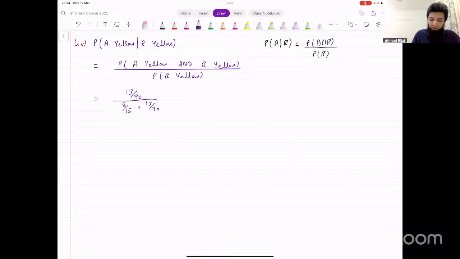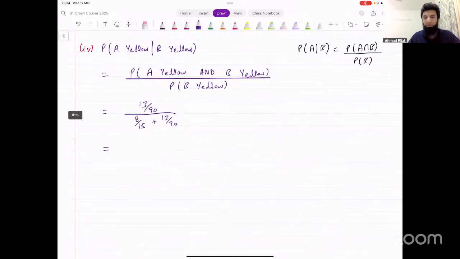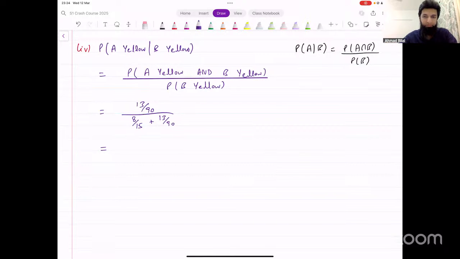Put this whole thing on your calculator and you get this conditional probability. What does this turn out to be? What's this number? Thirteen over 61. So that is the probability that we get from this.